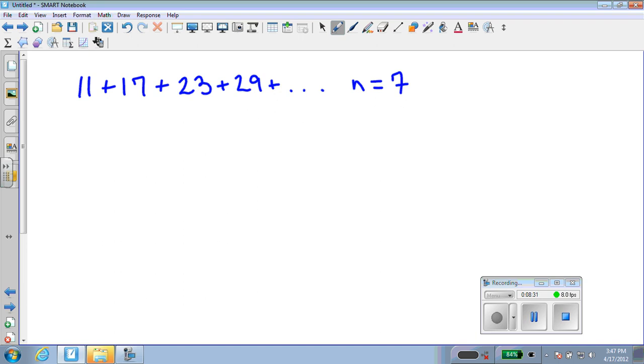So here's another one. Add 6, add 6, add 6. So it is arithmetic. In fact, it's 6n plus 5. Okay, so 6 times 1 plus 5 would be 11. Okay. And then I need the 7th term.